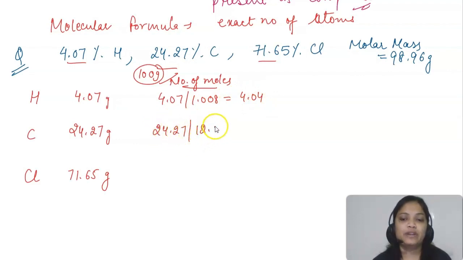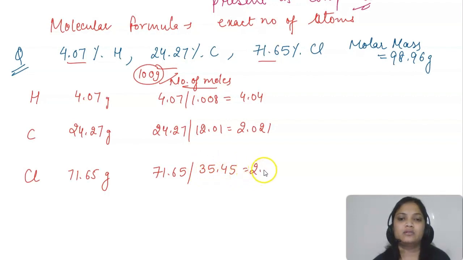So for carbon, 12.01 gives 2.021, and for chlorine, 71.65 divided by the atomic mass, 35.45 to be exact, gives 2.021. Now this is the number of moles you have got for each element.